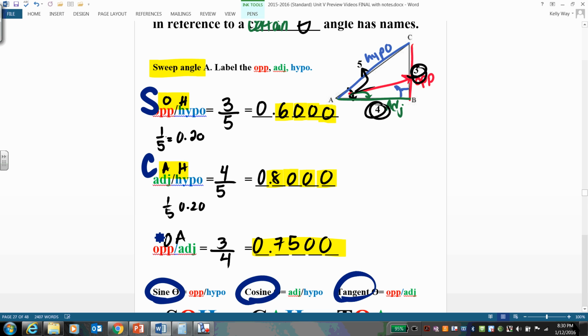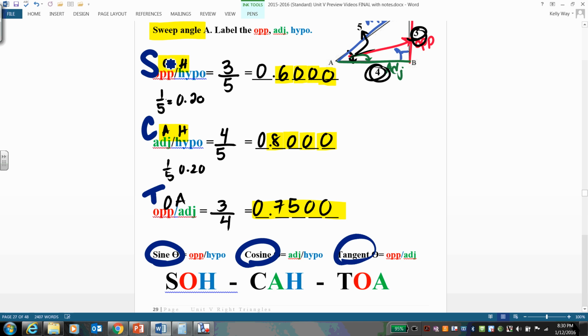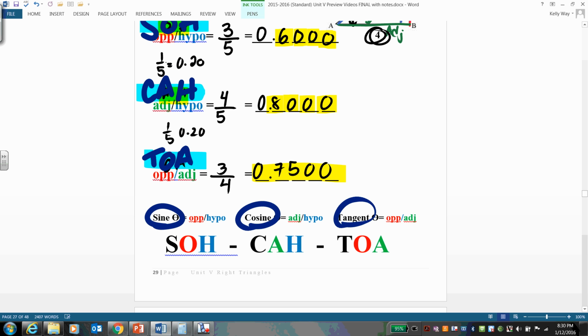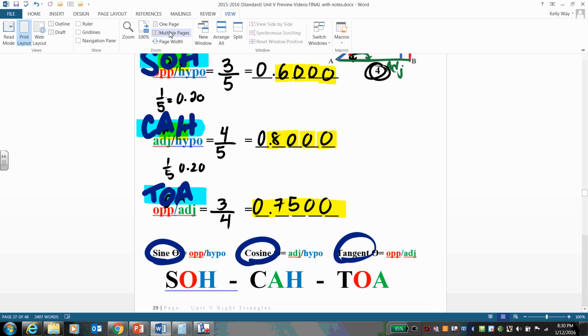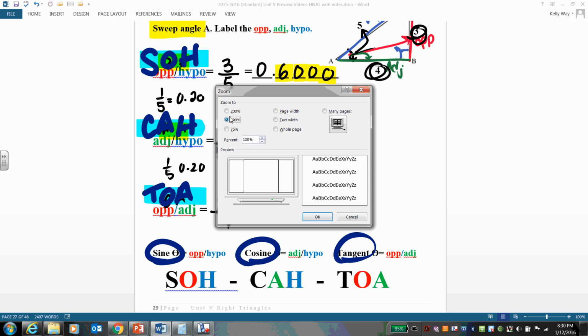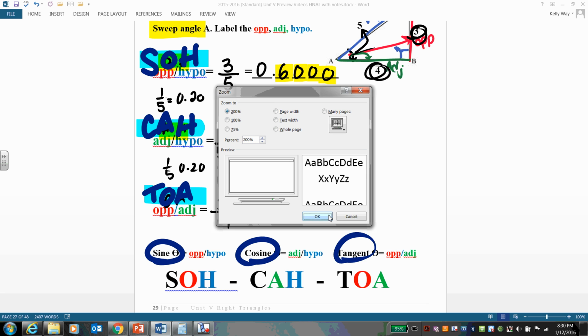Opposite over adjacent is tangent. And if you look at your ratios, sine is opposite over hypo, cosine is adjacent over hypo, tangent is opposite over adjacent. That's where we get our acronym: SOH CAH TOA. This acronym is very important. It defines the 3 different ratios that we are going to be using.